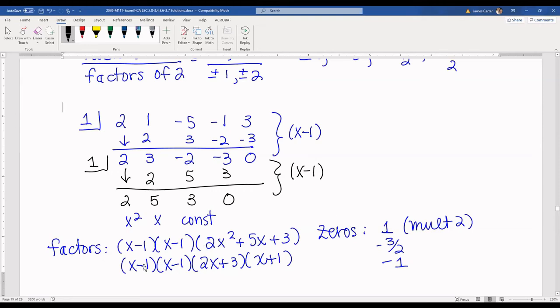So we have zeros of positive 1, multiplicity 2, because there are a pair of them. Take this 3 on the other side, divide by 2, we get negative 3 halves. And it has a multiplicity of 1. Take the 1 on the other side, we have a negative 1. Okay, so these are all of the zeros of that problem.